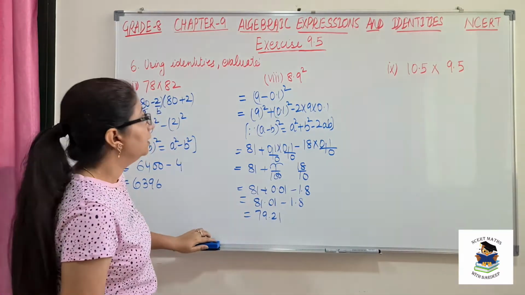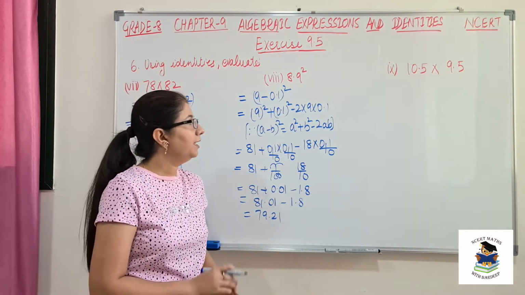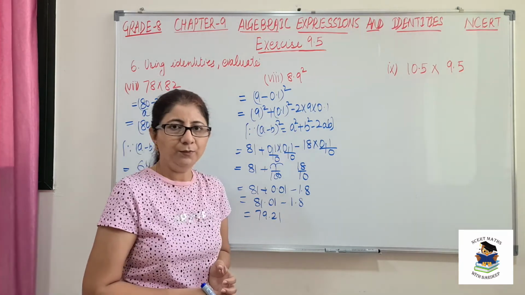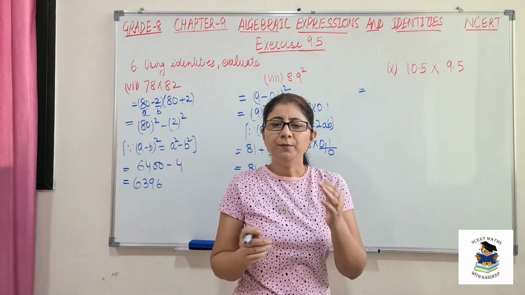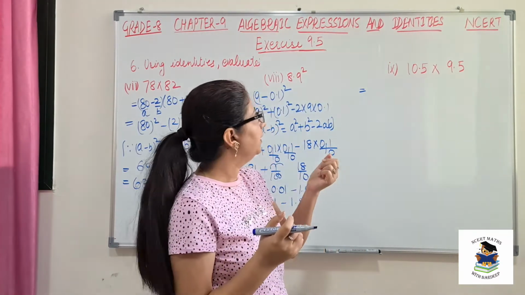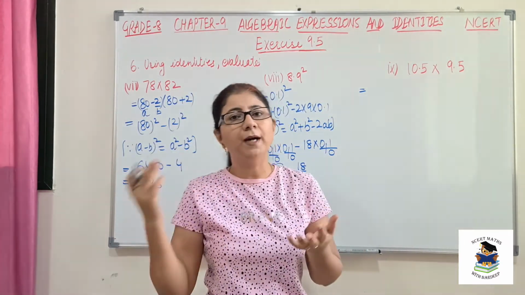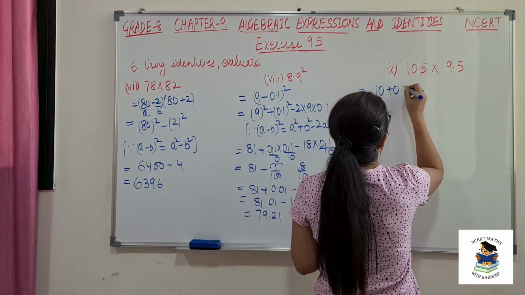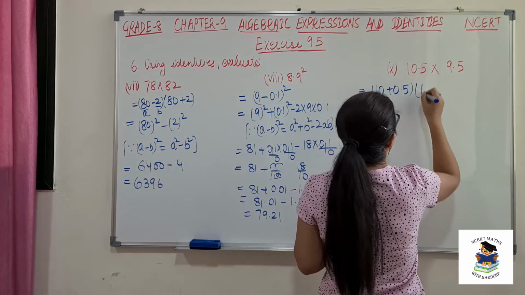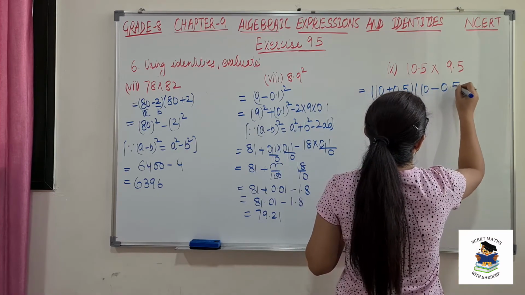Now let's see the last part, that is 10.5 into 9.5. So here again 10.5 can be written as 10 plus 0.5, and 9.5 can be written as 10 minus 0.5. So 10 is common. So this is 10 plus 0.5, 10 minus 0.5.